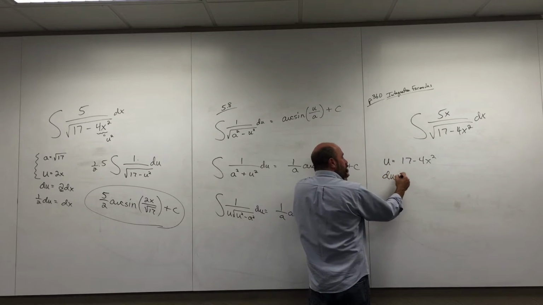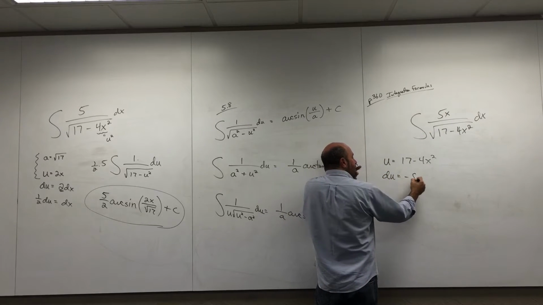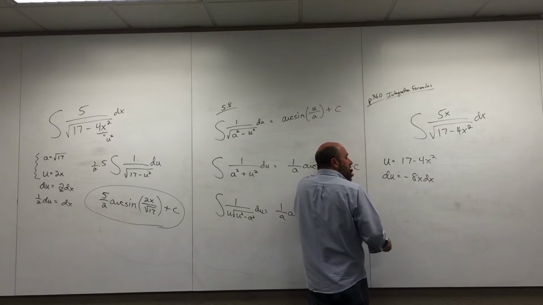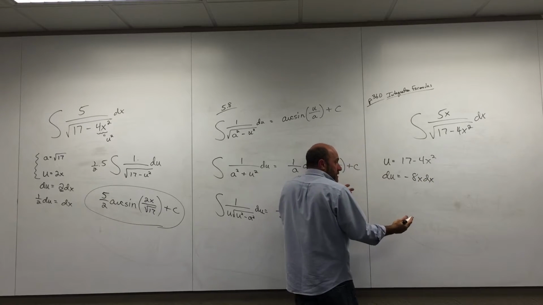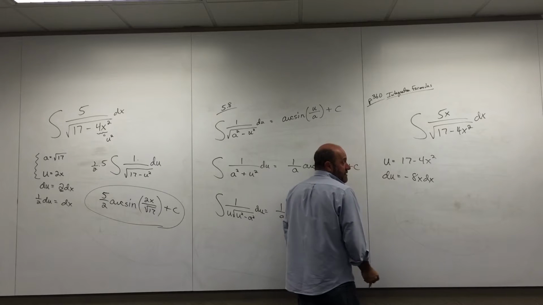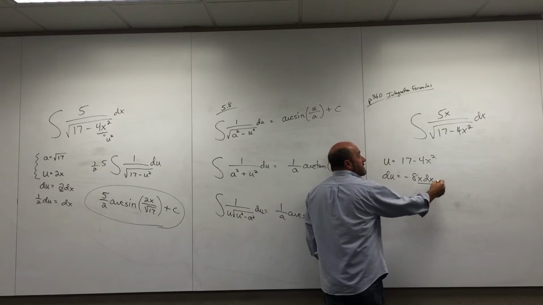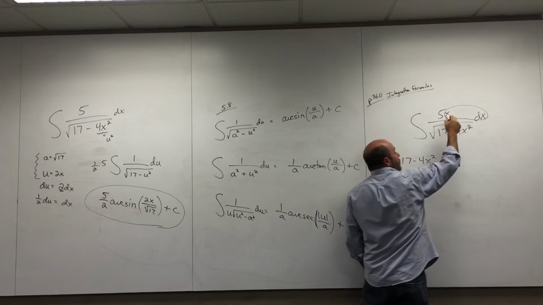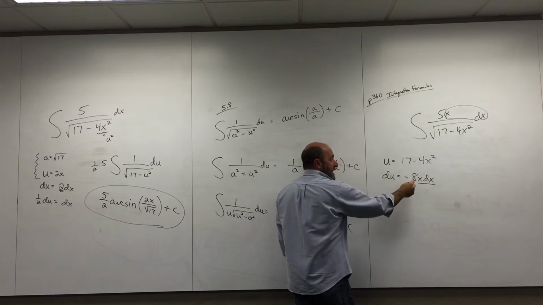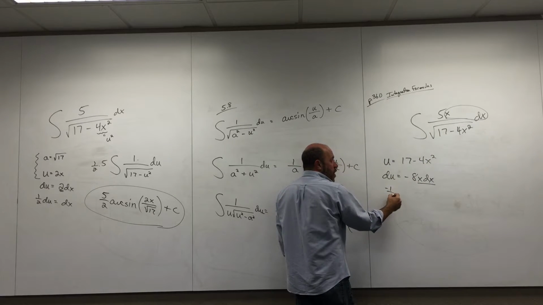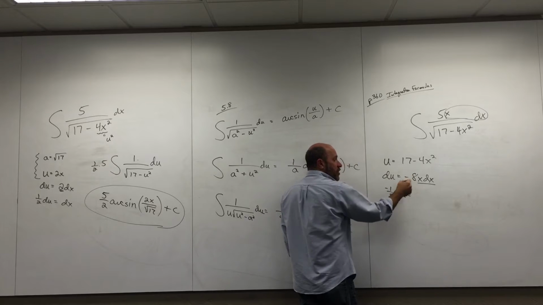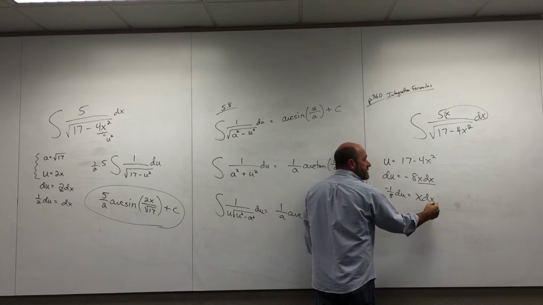What's du? Okay. Negative 8x dx. I'm happy. I see this x dx is going to help me replace this. I like to move the 8 over. The negative 1/8 du is going to replace the x dx.